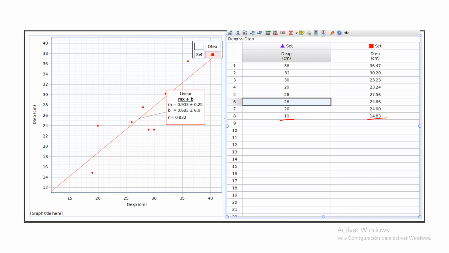And in theory, this should be a perfect relationship, which, as you can see, it's very close. As you can see, the slope is 0.9 plus or minus 0.25, and we actually want to get 1. And as you can see, it's in this range. As for the distance from the origin, we got about 0.6, and the ideal one should be 0.